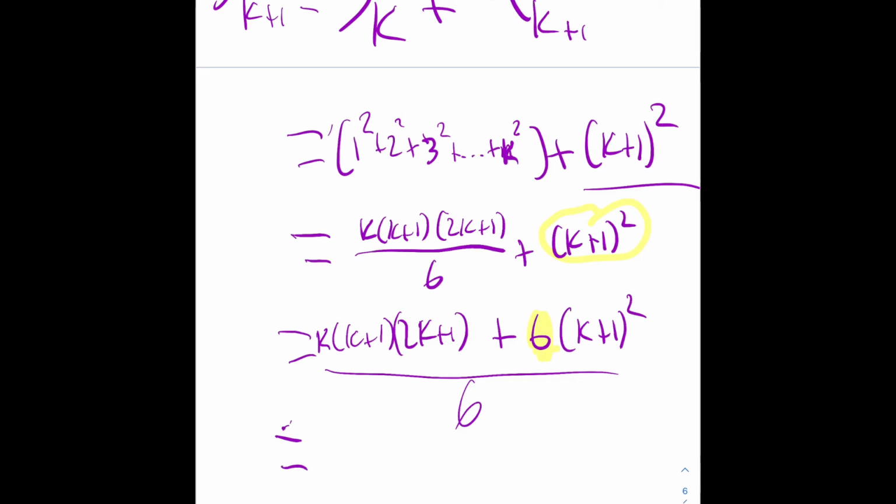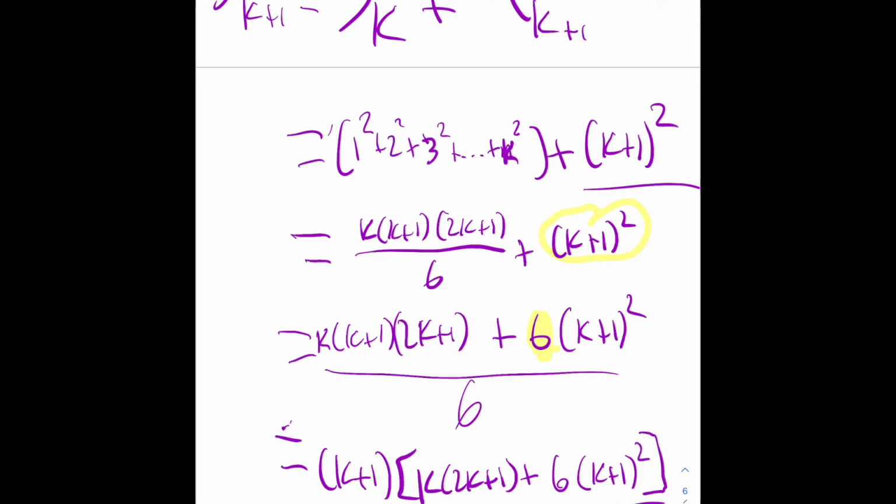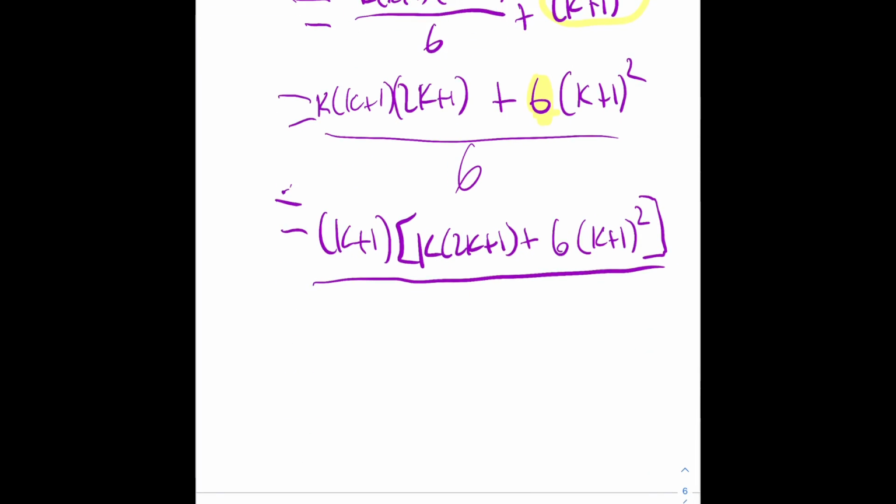K times k, k times 1, and then you have to multiply that out. As we go through, I'm left with k plus 1 times k times 2k plus 1, plus 6 times k plus 1 squared. All I'm doing is multiplying the k on the outside into each of my terms.